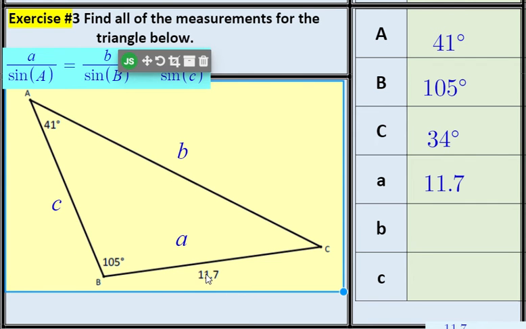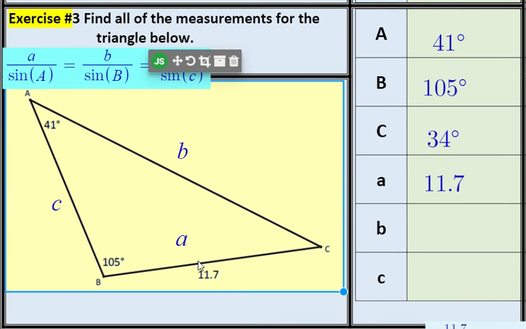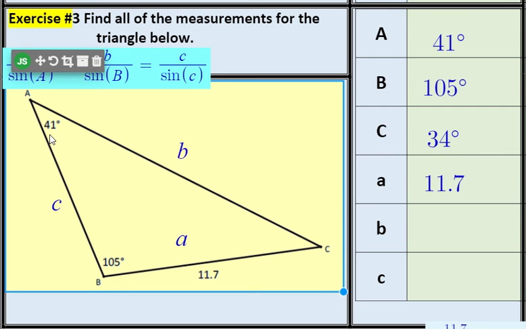So here, this side goes with this angle. So I can say A over the sine of 41 degrees equals something where I know one piece of information. So right here, I want to go to B and 105 degrees.